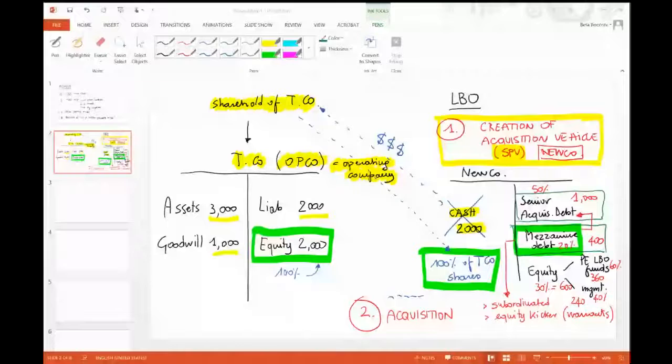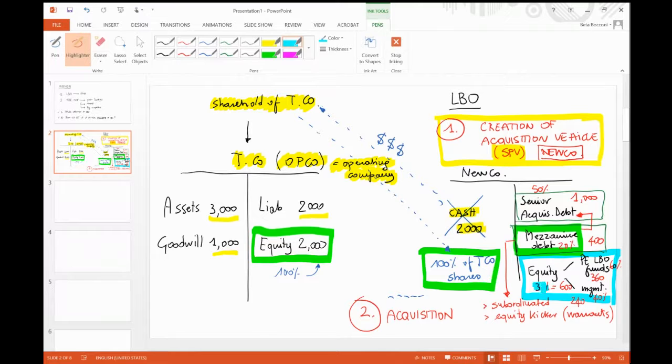And last but not least, and this is the part that is interesting for us, the equity component that we have assumed to be essentially 30% of the acquisition price, that in our example, as it frequently happens in real life practice, is composed of a layer sponsored by LBO funds for an amount of 60% of the equity component.